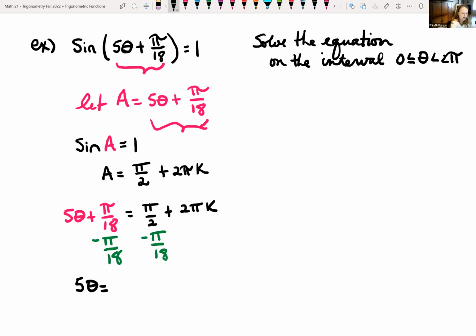So 9 minus 1, this is 8 pi 18ths plus 2 pi k. Let's reduce that first. 8 and 18 both have a 2 in common, and 2 goes into 8 4 times, so we have a 4 pi in the numerator, and 2 goes into 18 9 times.